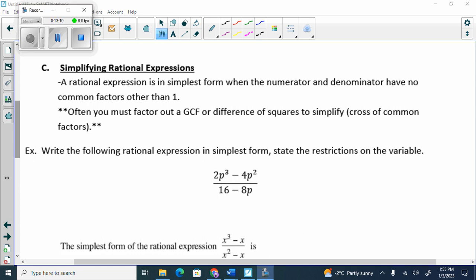We need to remember that. When simplifying, multiplying, and dividing, our very first step is GCF, difference of squares, numerators and denominators.